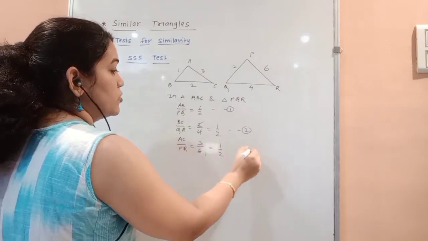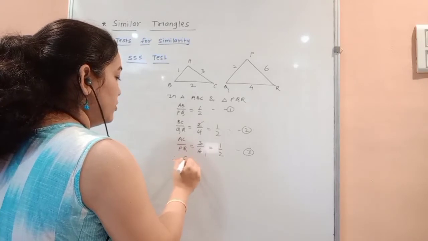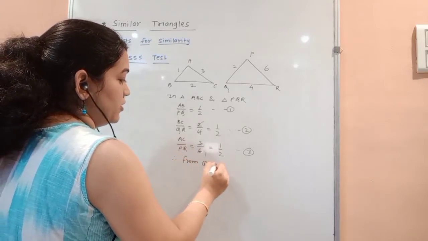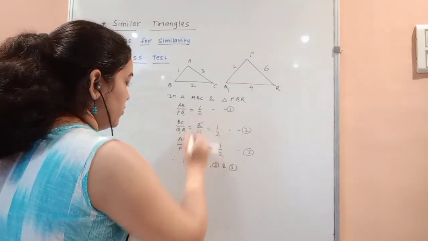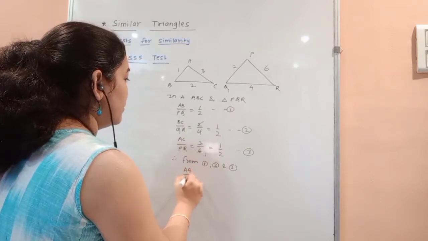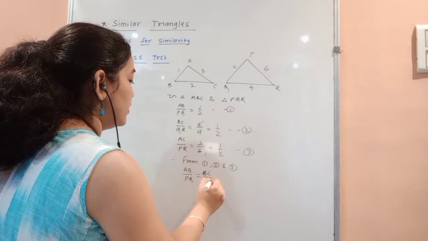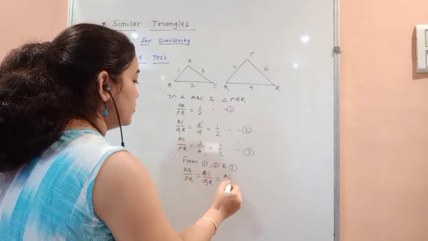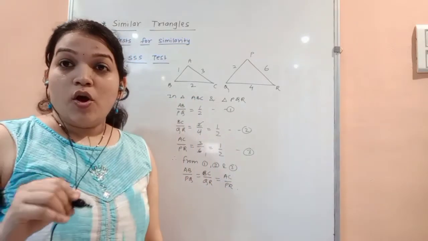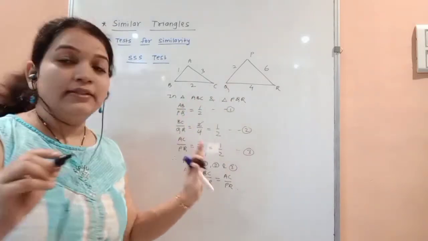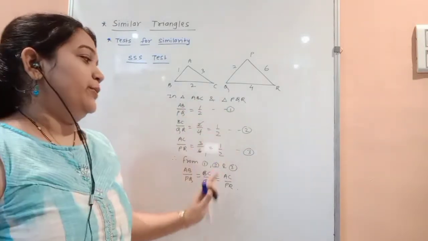Yes or no? So therefore from 1, 2 and 3, what you can say? AB upon PQ is equal to BC upon QR is equal to AC upon PR. Yes or no? All the ratios are same from 1, 2 and 3.